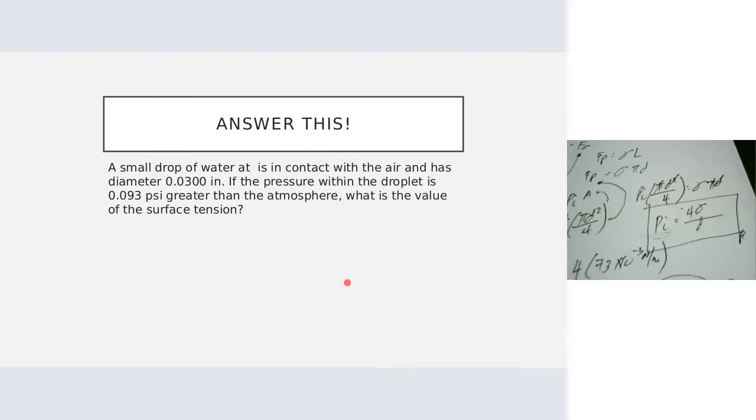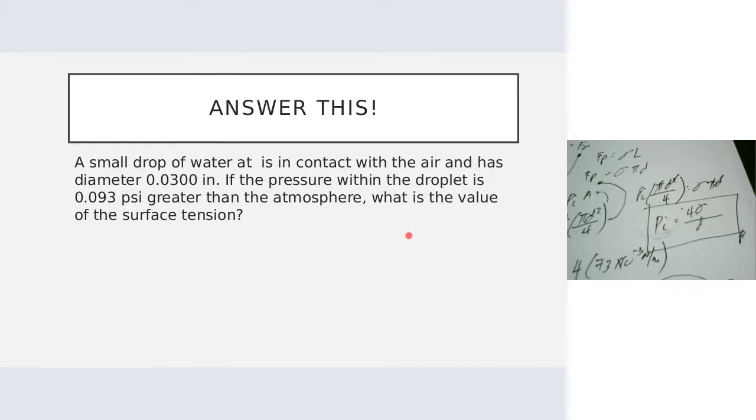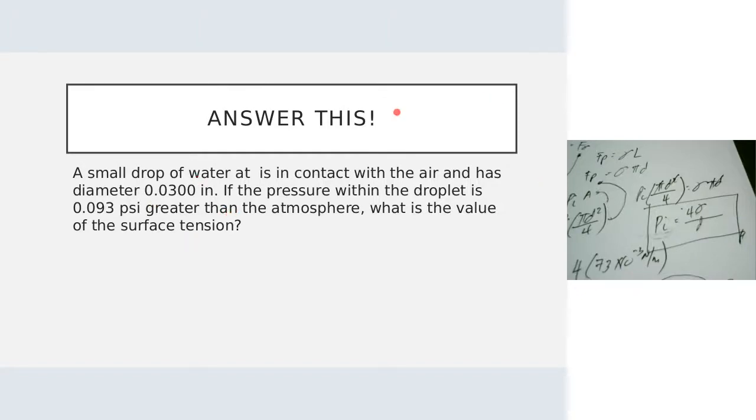Okay. So let's test if the concept was understood. Kindly answer this on a piece of paper. A small drop of water at 80 degree Fahrenheit is in contact with the air and has diameter of 0.03 inch.